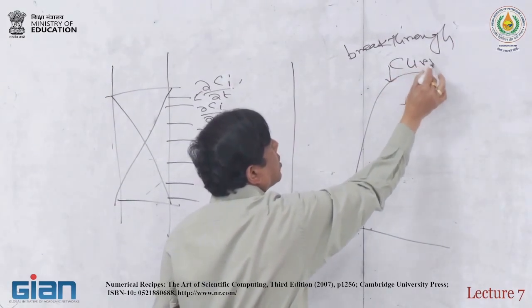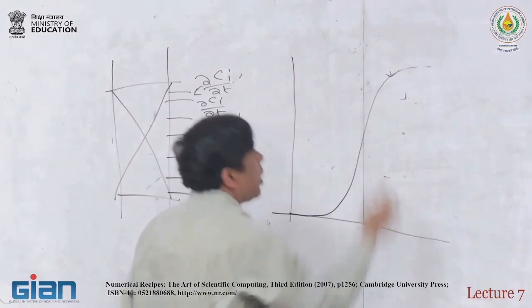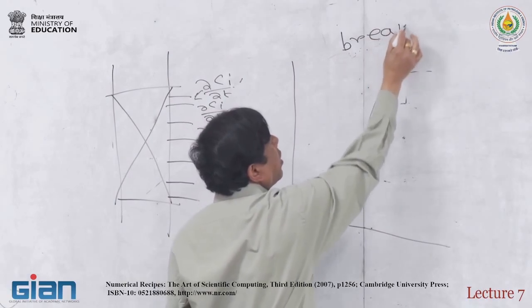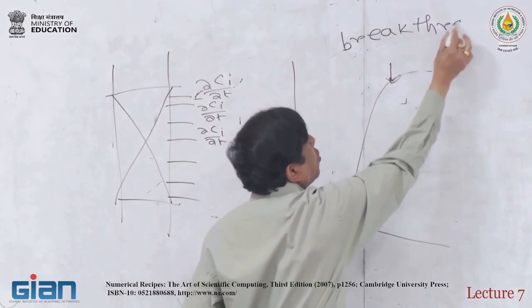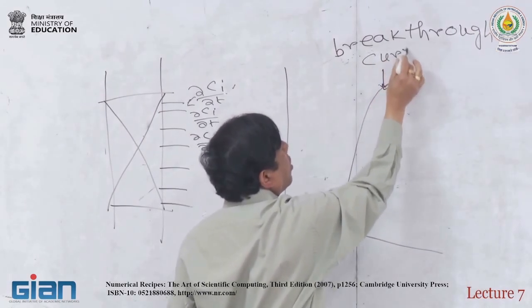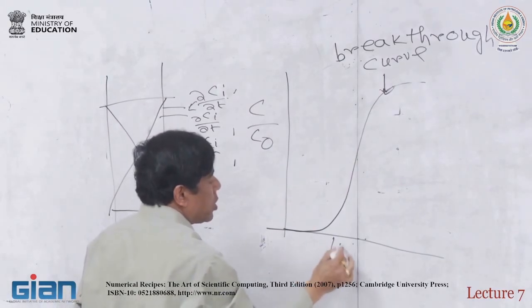I should probably write more clearly. This is the breakthrough curve. This is C over C naught, and this is with time.